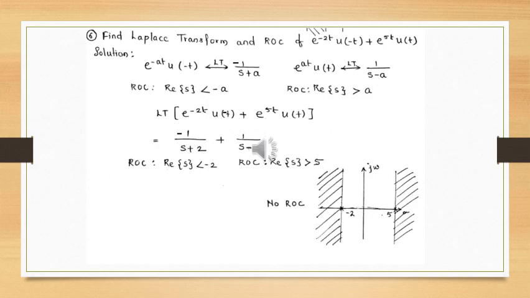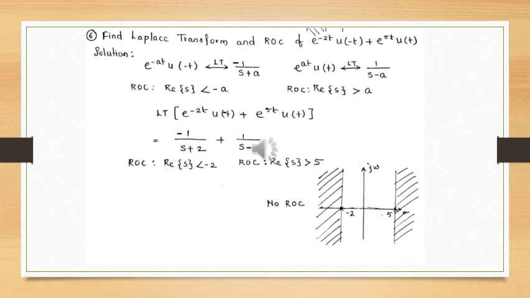Using this, in order to solve the problem, we have Laplace transform of e raised to minus 2t u of minus t plus e raised to 5t u of t. Finding the individual term Laplace transform, we have for the first term, using the above reference formulas, Laplace transform as minus 1 divided by s plus, here a's value is 2.